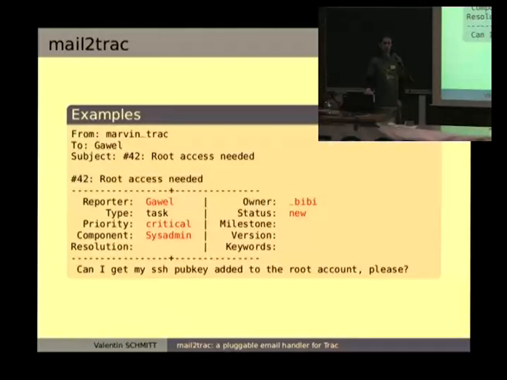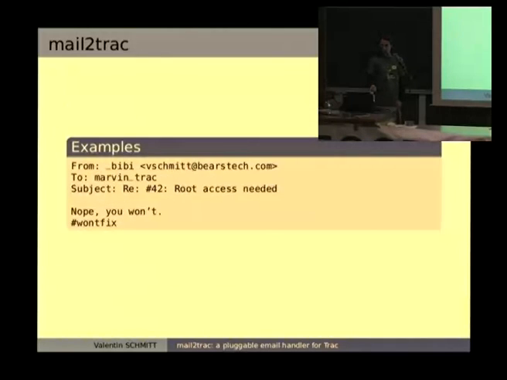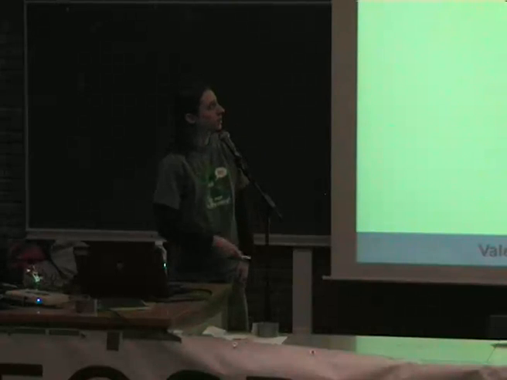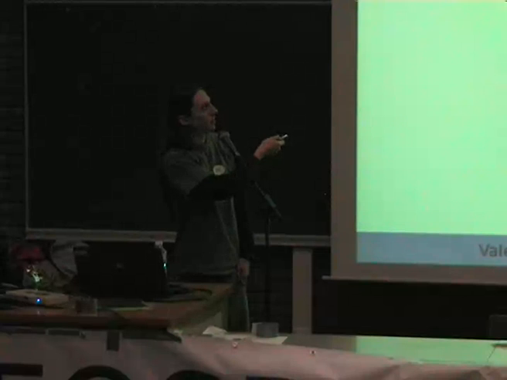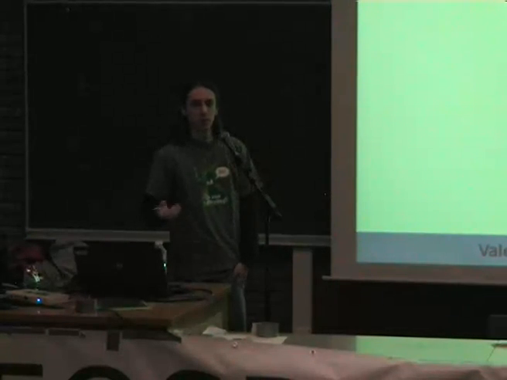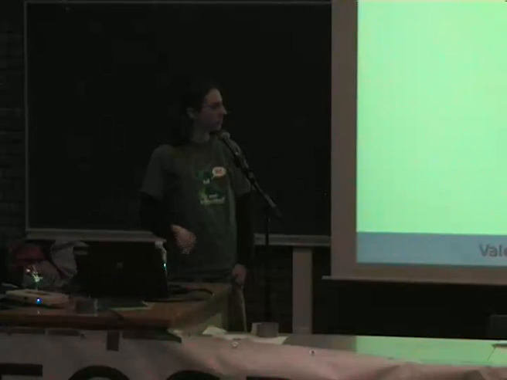So I will reply to these tickets, obviously. What happens when I reply? The mail2trac plugin parses the subject, and it sees hash 42, which it can identify as an existing ticket.